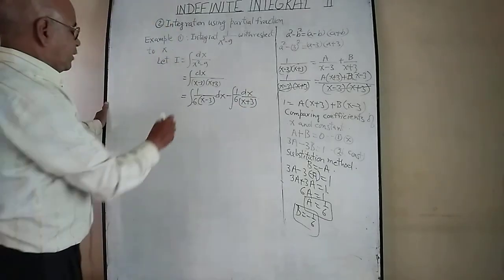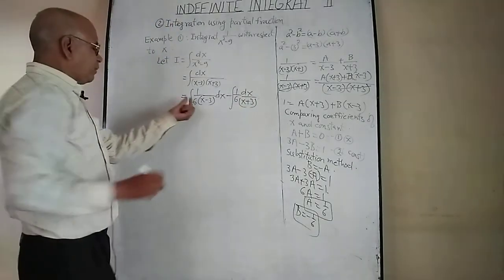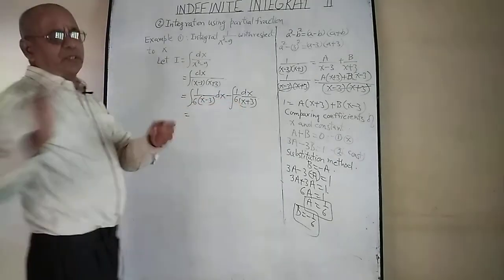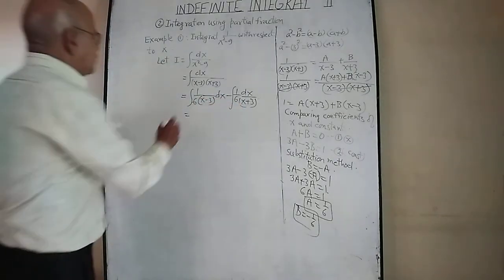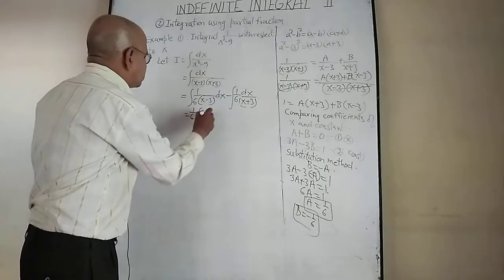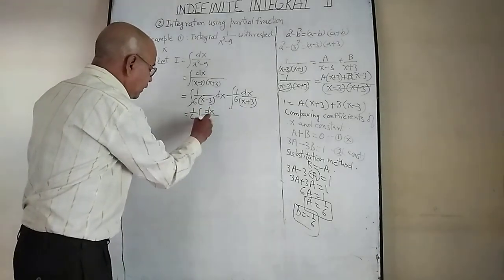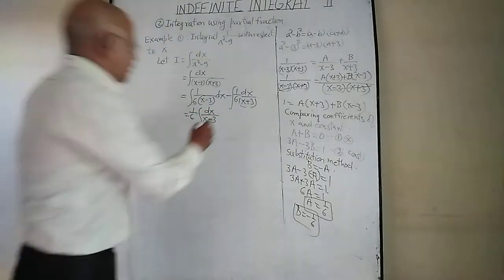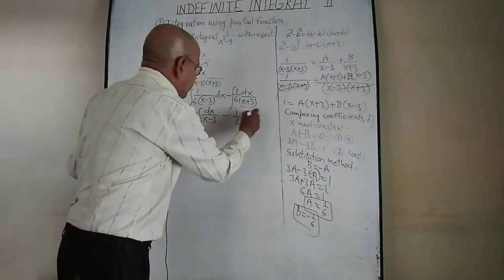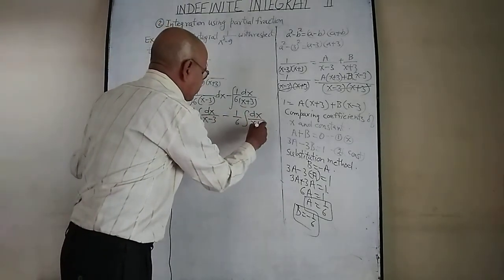As we already know, 1 by 6 and 1 by 6 are constant terms. In integration, we can take them out of the integration sign, and this is written as minus 1 by 6 integration of dx upon x plus 3.